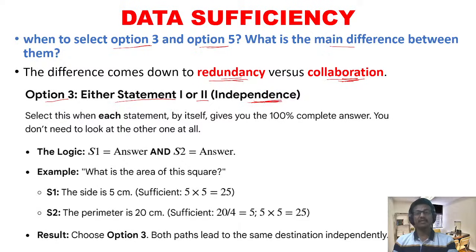Independently they provide the answer. Select this when each statement by itself gives you the 100% complete answer. If they provide a 100% complete answer, then you should choose option 3. You don't need to look at the other one at all. Each of statement 1 and statement 2 by itself gives you the 100% answer.